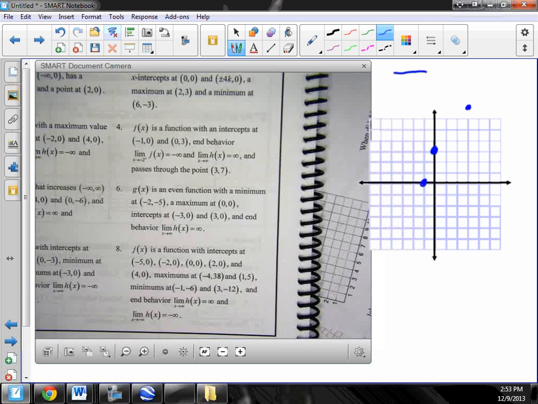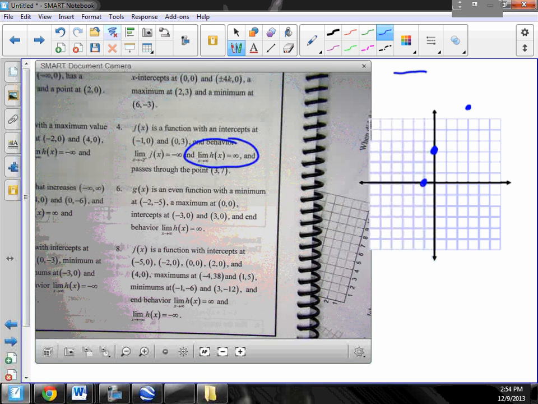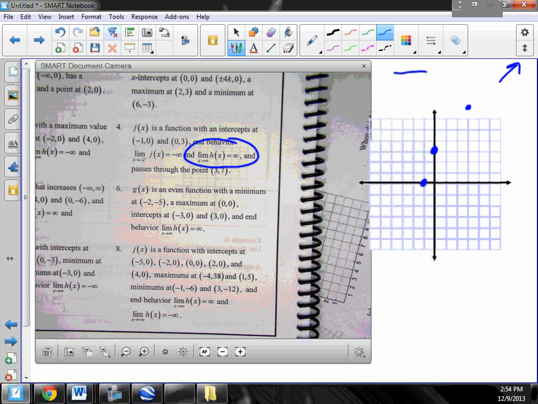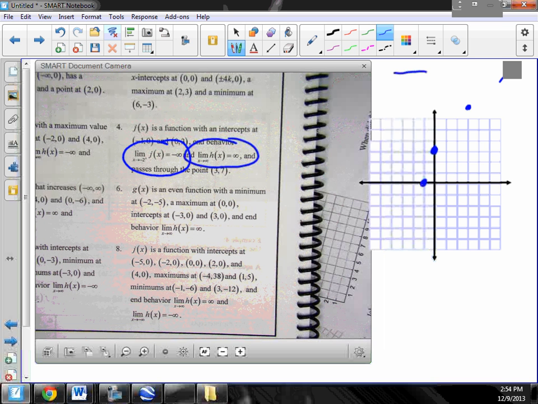And this I understand. As x goes to infinity, that means which direction as x approaches infinity? The right. As x goes to the right, then h of x goes up. So this side is up. Now, the rest of that, as x approaches negative 2, positive.